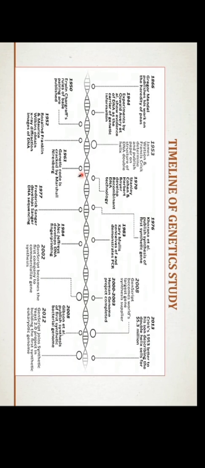Mendel is basically the founder of genetics, and the timeline goes up until 2013, including Crick's 1953 letter to his son describing the double helix. The double helix shape of DNA costs around $5.3 million. So familiarize the timeline, class.